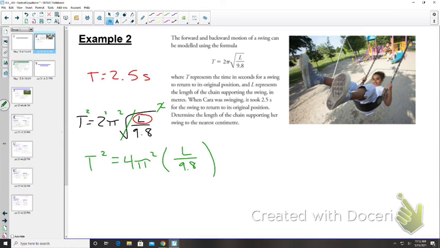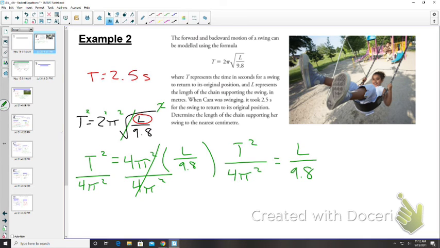Okay, so let's divide each side by 4 pi squared. Those will cancel. Now we're left with T squared over 4 pi squared is equal to L divided by 9.8.